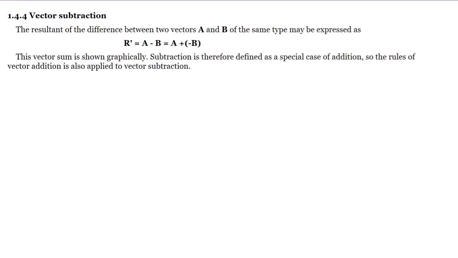If we are going to illustrate this, if we have this vector A here, and we have here the vector B, since we are going to subtract, what we will have here is negative B, so we are just going to change its direction in order for it to become negative.